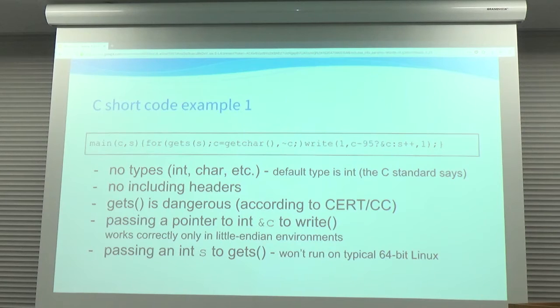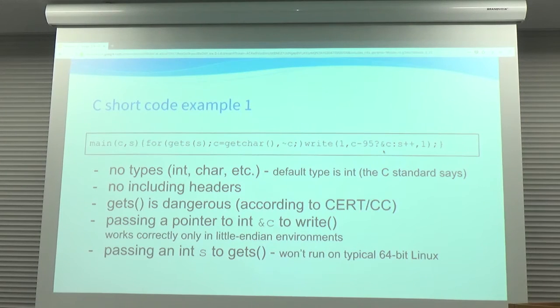And here, passing a pointer to int and C to the write function as the second argument works correctly only in little endian environments like x86.